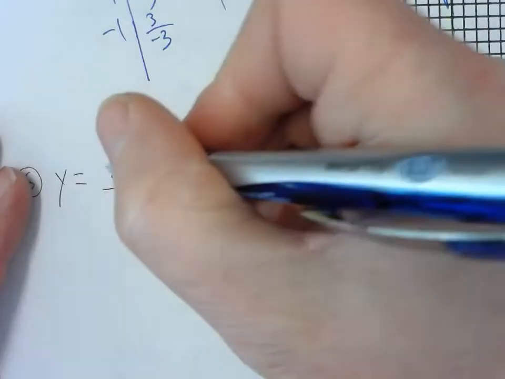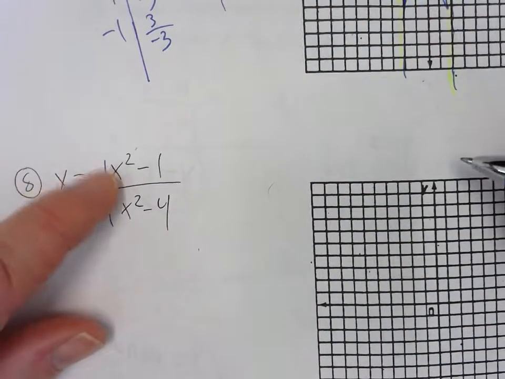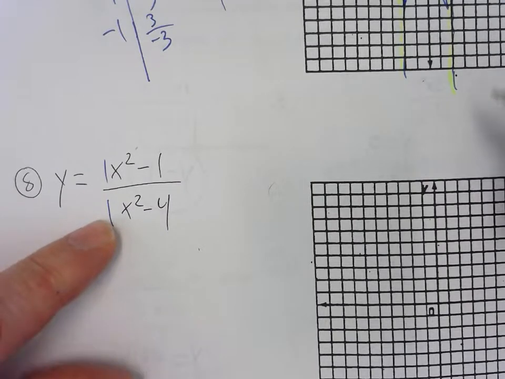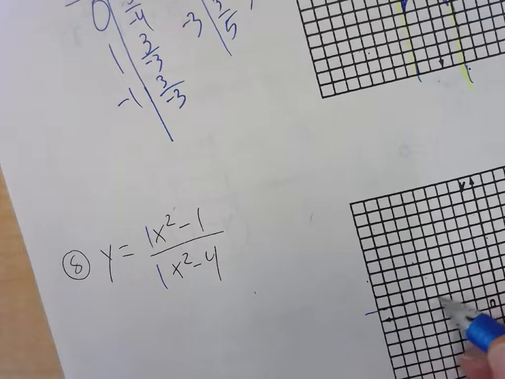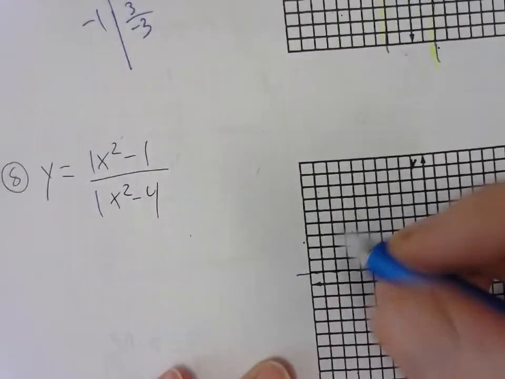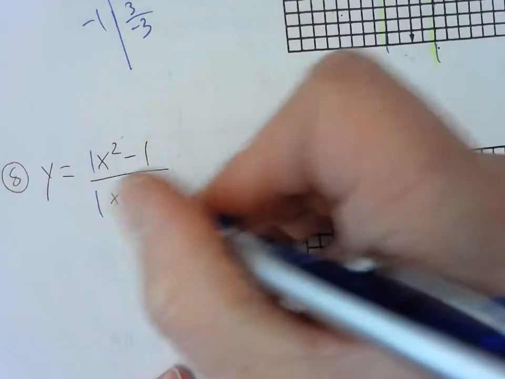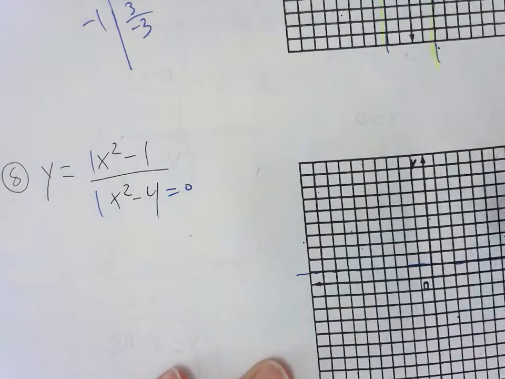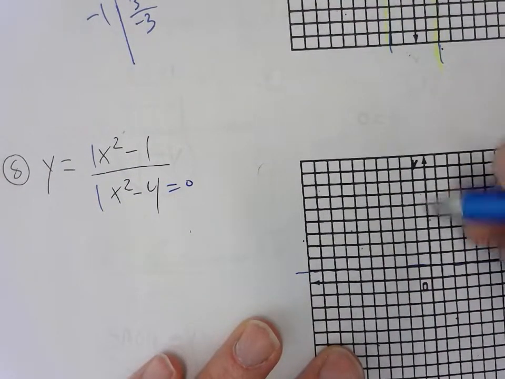So 1 over 1, because this is a tie, then it's going to be a horizontal asymptote at 1. Okay, and then the bottom set equal to 0 would be plus or minus 2, so it's plus or minus 2 like the last one.